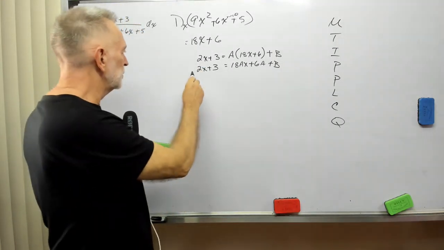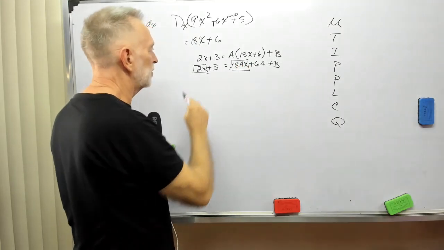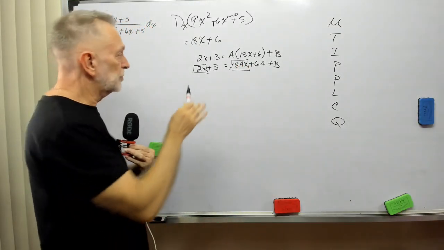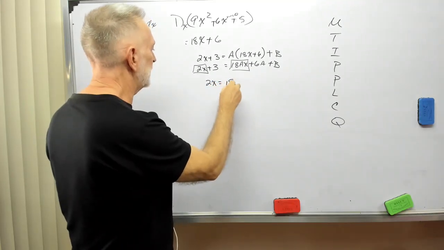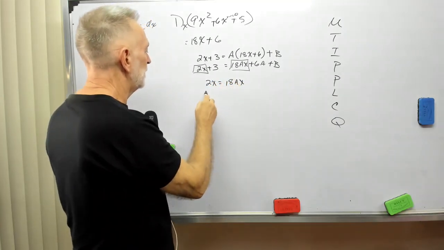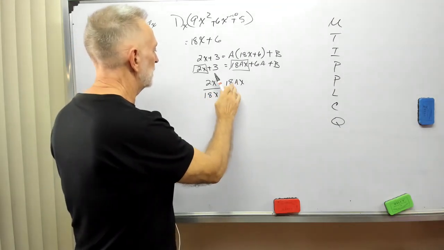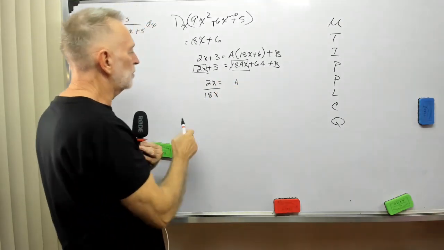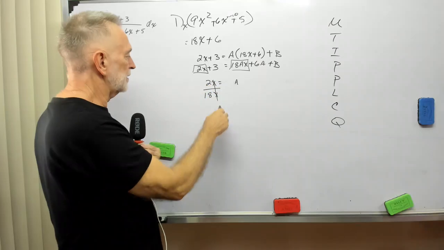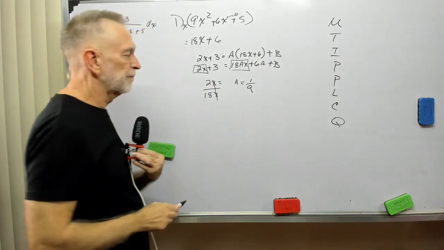Now you'll notice there's an x term here and an x term there. So those have to be equal to each other. So 2x equals 18ax. If I divide both sides by 18x, that will cancel here. So a equals 2x over 18x. So a equals 1 over 9.